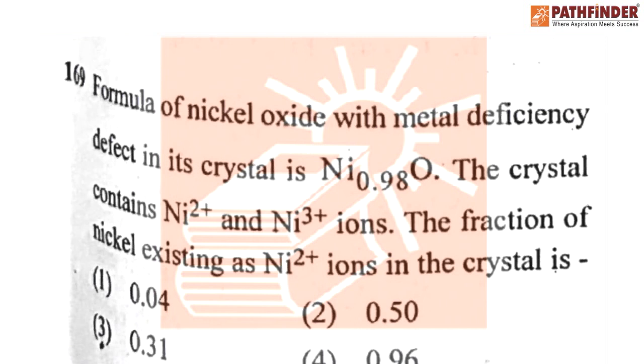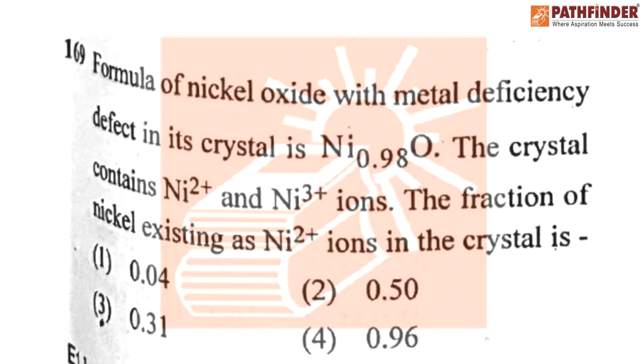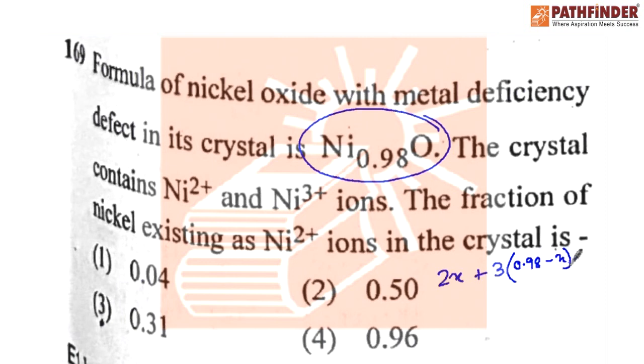Now, formula of nickel oxide with metal deficiency defect. It is a very common type of question, just like Fe0.98O. Now I'm assuming that the Ni2+ present is X, so ultimately it will be 2X plus 3 times the rest, the Ni3+, which is 0.98 minus X, and the total will be equal to 2, because the total charge on nickel will be 2.